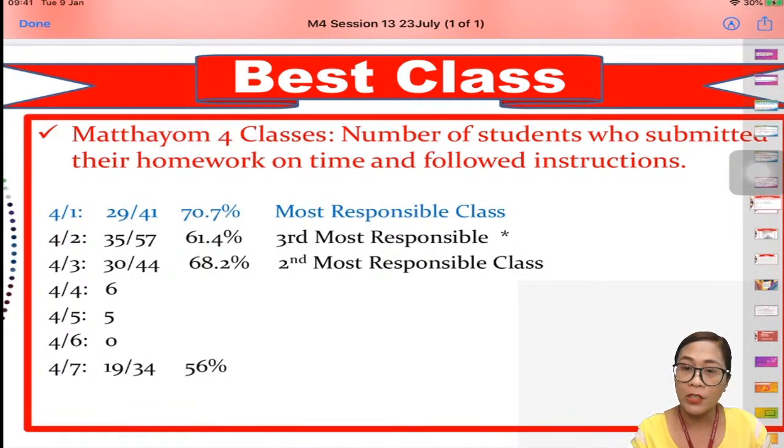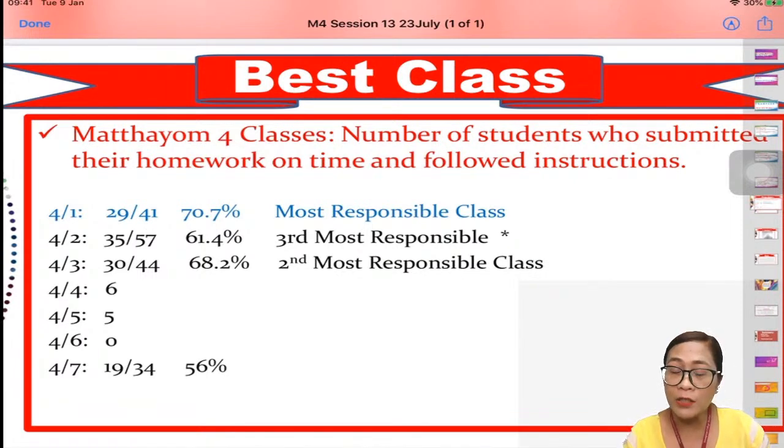Okay, for 4/2, 35 out of 57 students, so 61% or 61.4% specifically, so you are the third most responsible class. And 4/3, 30 submitted the work on time out of 44. I hope my number for the total number of students is correct. I based it on the list given to me in Yahoo in my email.